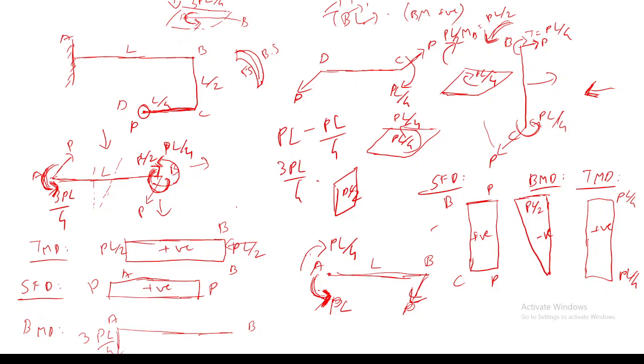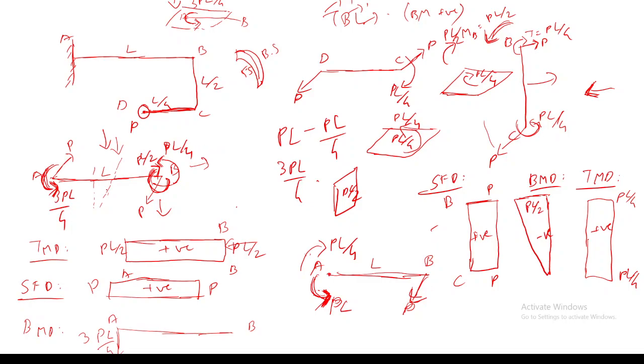And if you take the right side, I have viewed this from the top. This is 3PL by 4 when I'm seeing at point A. At point B also I have a concentrated bending moment value which equals PL by 4.